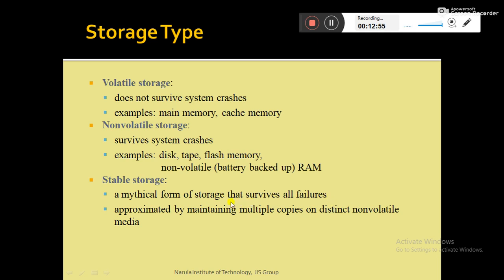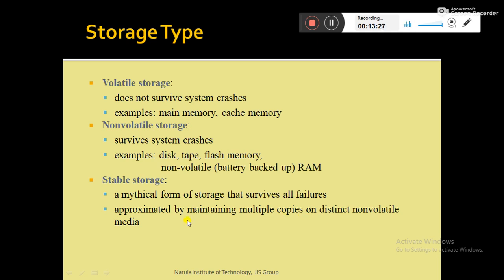It survives hardware failure, transaction failure, and system crashes. So even if the system crashes, it retains all the information. As a theoretical concept this holds, but in reality this is not going to happen. But as per theory, it retains all the information and survives all types of failure.